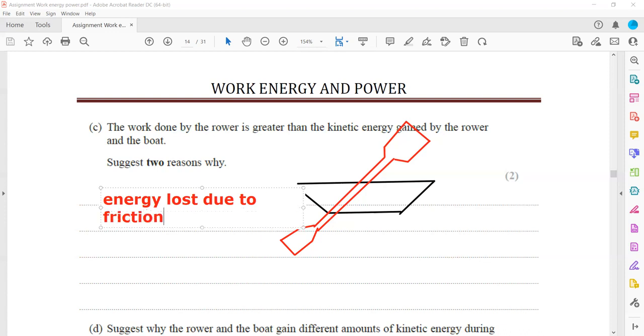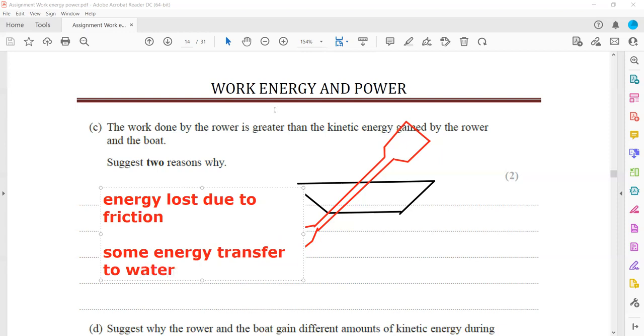That is one of the possibilities. And the second one is that some energy is transferred to the water. That's why the kinetic energy of the boat is less than the energy which he used to stroke.